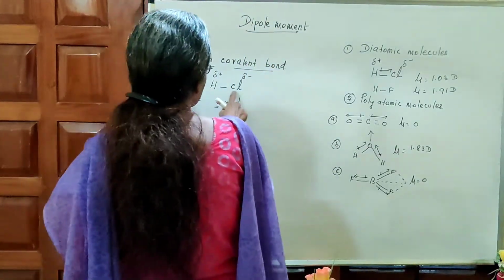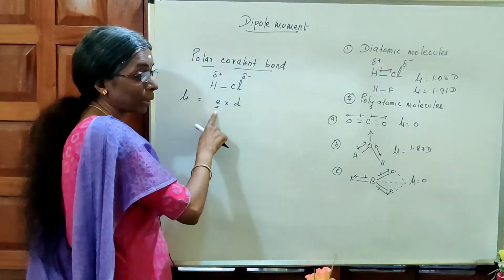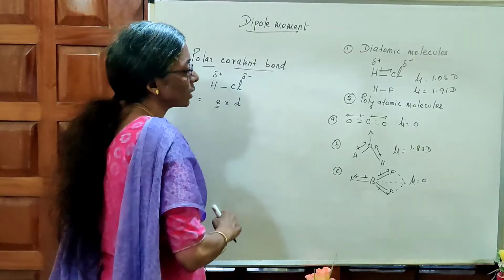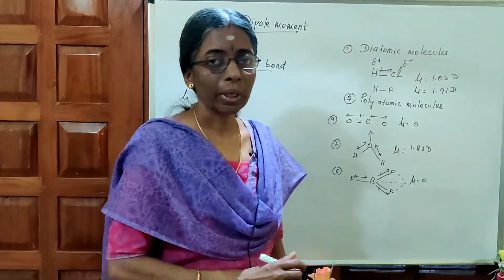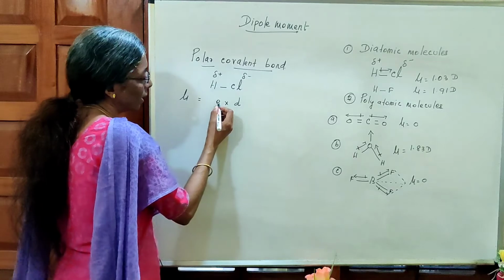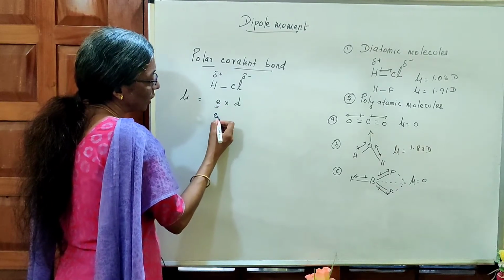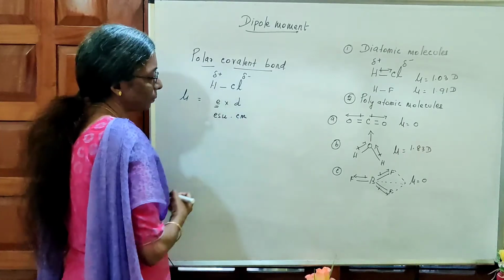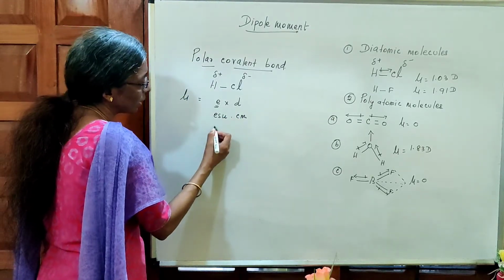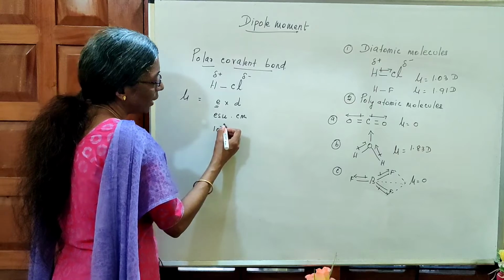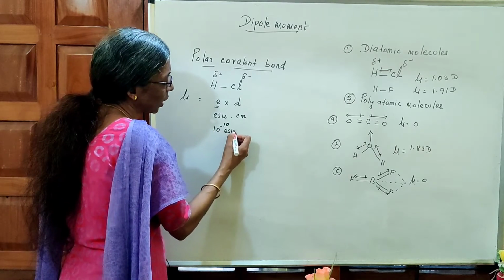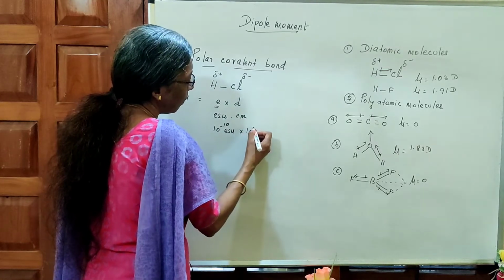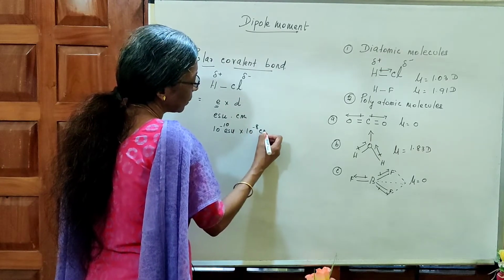So this is H and Cl, with the charge of any one atom. It is the product of the magnitude of the charge and the distance between the atoms. Charge is measured in ESU and distance is measured in centimeter. Charge is of the order of 10 raised to minus 10 ESU and distance is 10 raised to minus 8 centimeter.